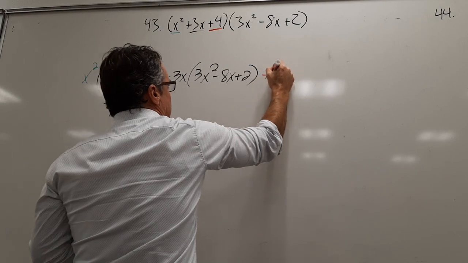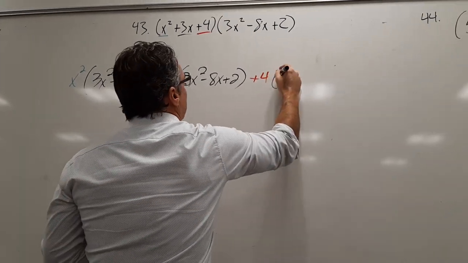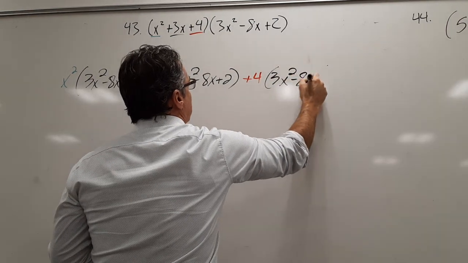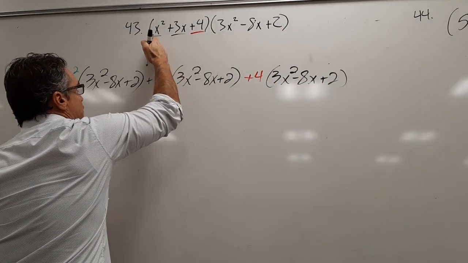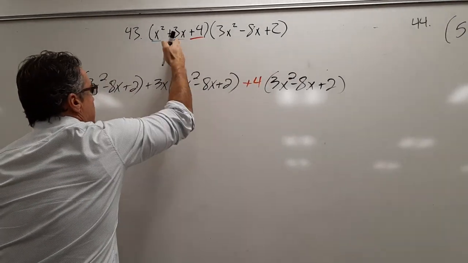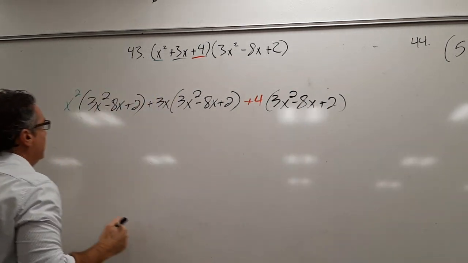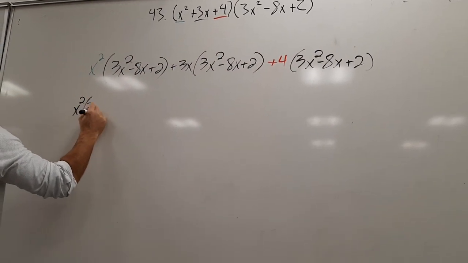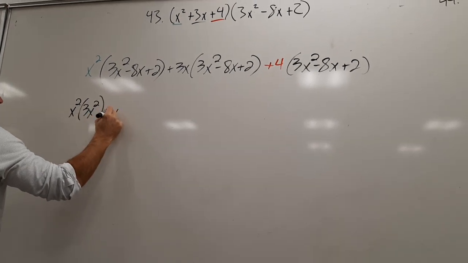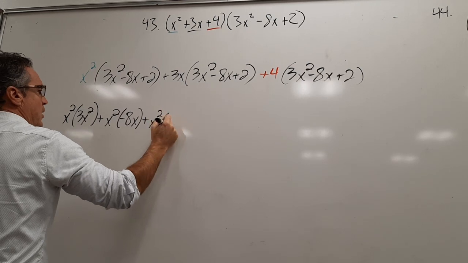I'm just doing this to color code. You don't obviously have to do this, but it helps you to see at home the differentiation between each of these terms being multiplied times the parentheses, this term times that parentheses, here, this term times that parentheses, here, this term times that parentheses, here. So I end up here with x squared times 3x squared plus x squared times negative 8x plus x squared times 2.